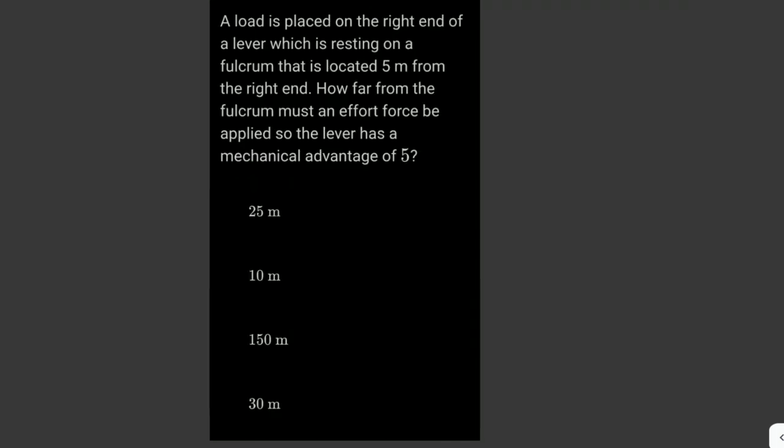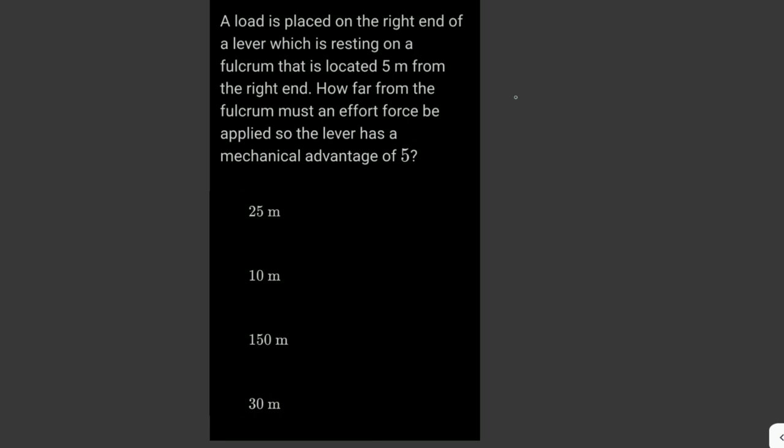A load is placed on the right end of a lever which is resting on a fulcrum that is located 5 meters from the right end. How far from the fulcrum must an effort force be applied so the lever has a mechanical advantage of 5? So how are we going to solve for the mechanical advantage?